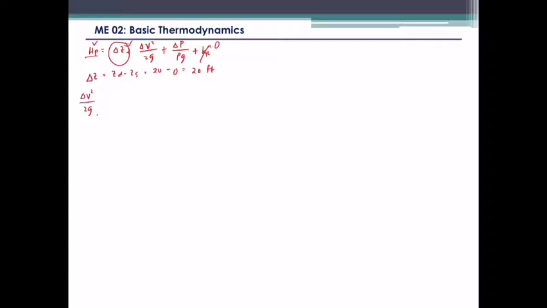Atong gamiton ang continuity equation. Unsa man na si continuity equation? Continuity equation, class, states that for incompressible fluids, the volume flow rate at steady state is constant in any section of the pipe, while for compressible fluids, the mass flow rate is constant.